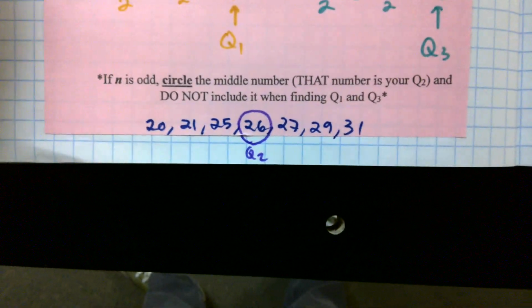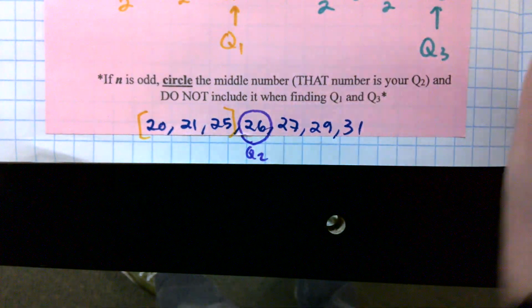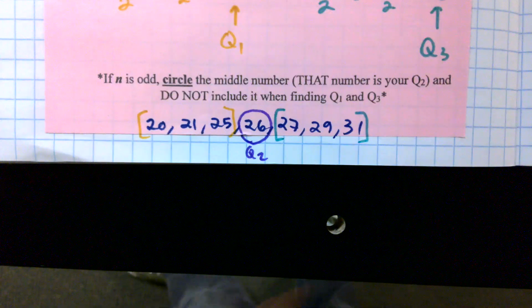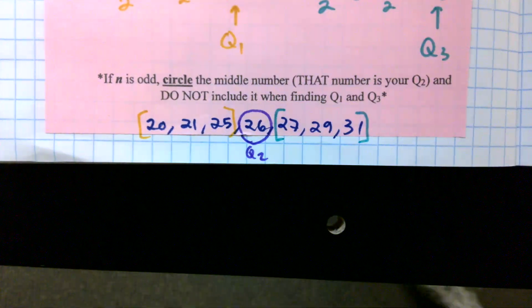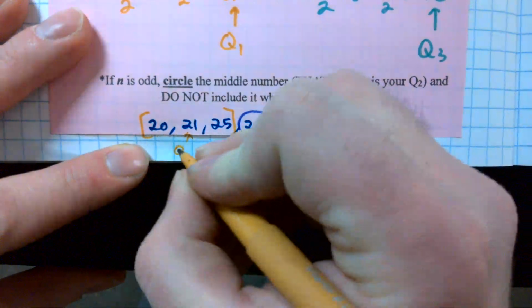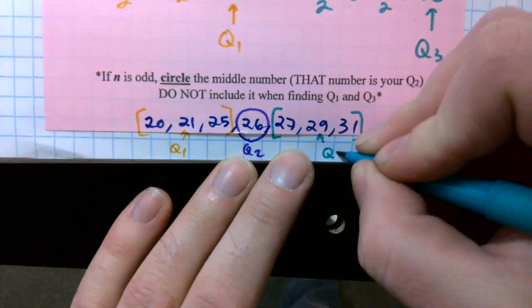My lower quartile is just going to be these 3 numbers on the left. My upper quartile is just going to be these 3 numbers on the right. All right, so there's actually a lot less work for us if we have an odd number of data points, because now I don't need to find the averages of anything. I know that my lower median is Q1 and my upper median is Q3.